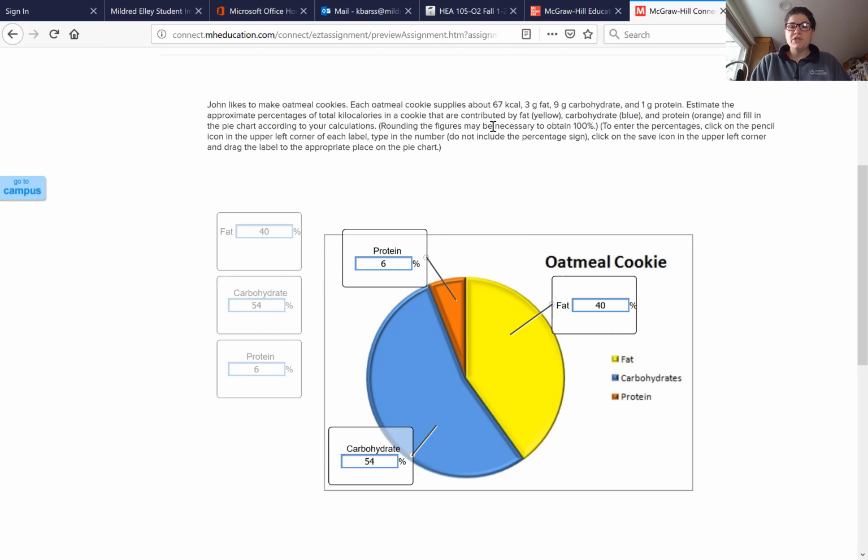The first step of this problem is, I'm going to now share a whiteboard. We know that carbs are 4 calories per gram.